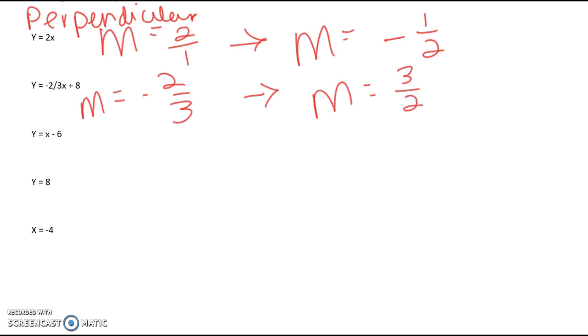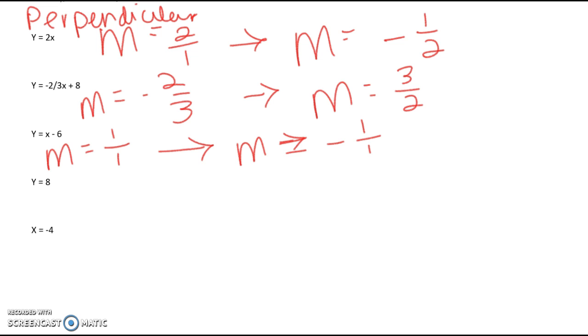Third one, my slope is 1/1. Perpendicular slope is also 1/1, but it's negative 1/1, or just -1.